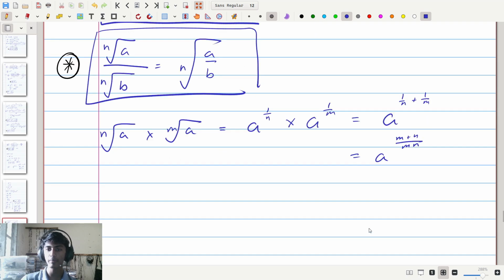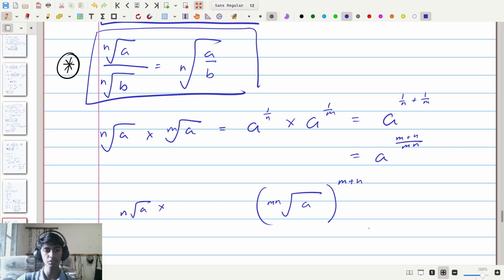So here the divide by mn part indicates that we have the mnth root of this thing, and then the numerator having m plus n means that the m plus n power is what we have here. So we actually have here the mnth root of a to the power of m plus n. So that means the nth root of a times the mth root of a is equal to this.